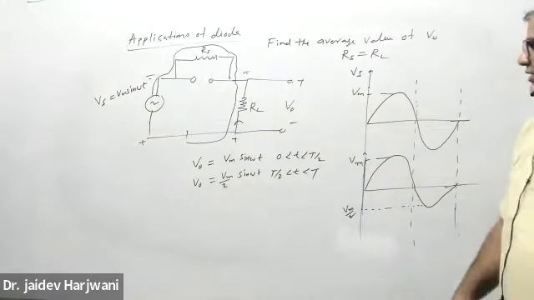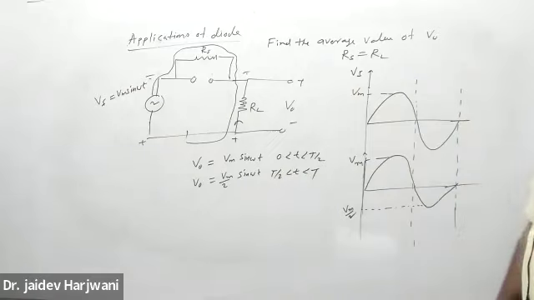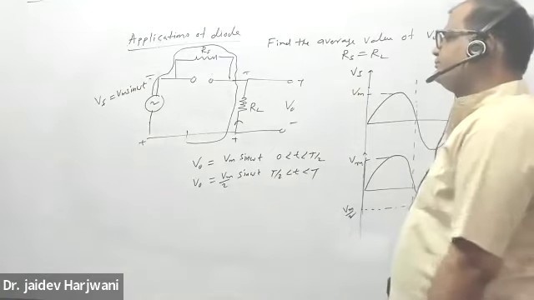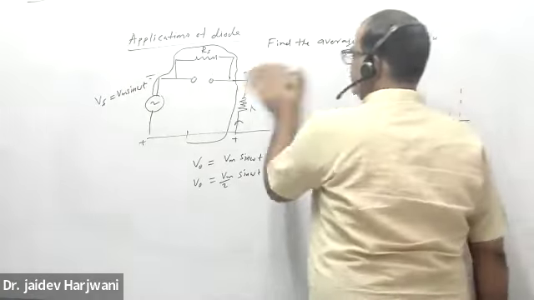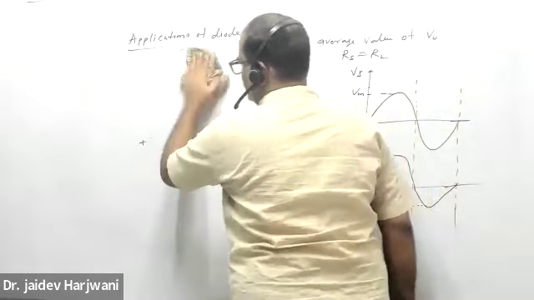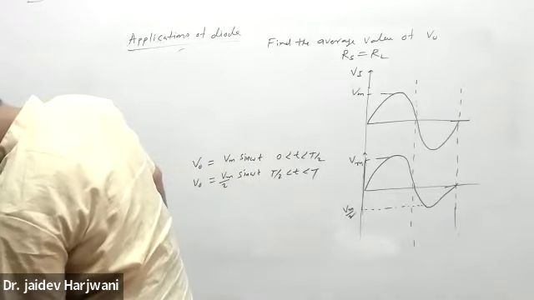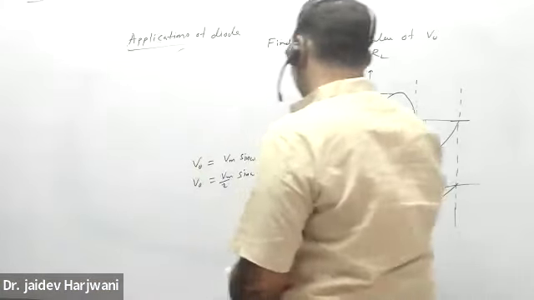And now you know how to find the average value. So average value will be what? 3 Vm upon 2 pi? No, check.